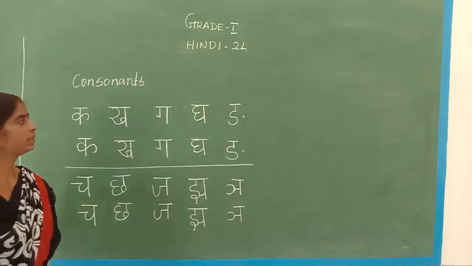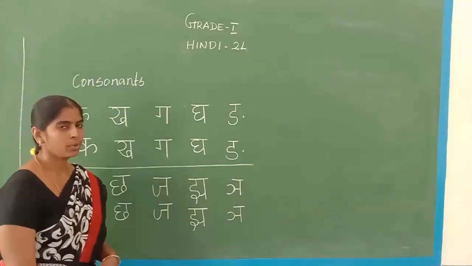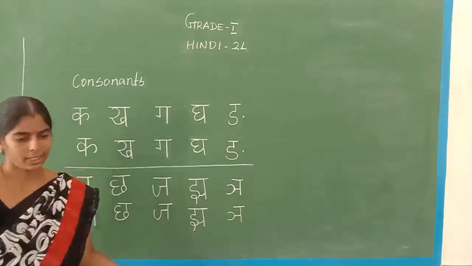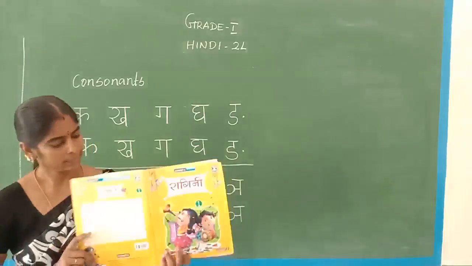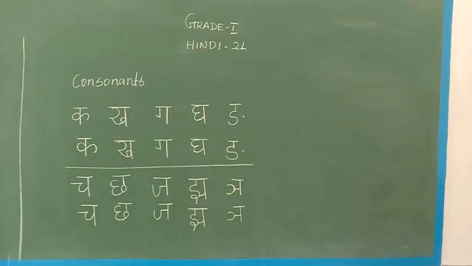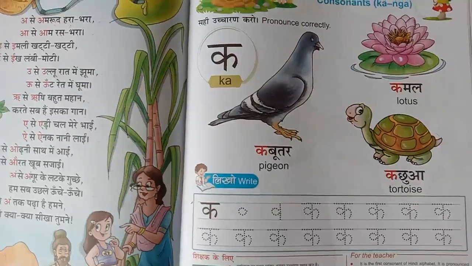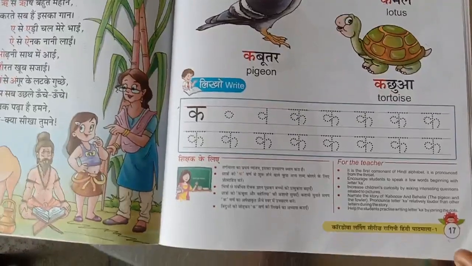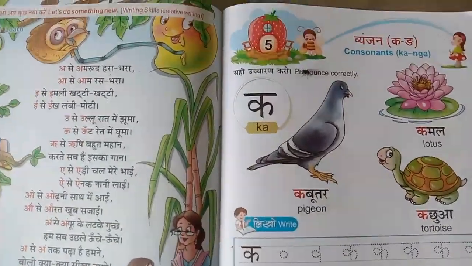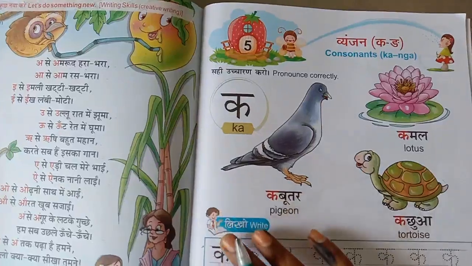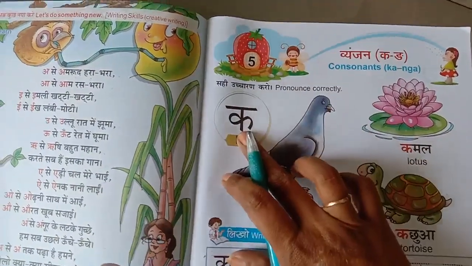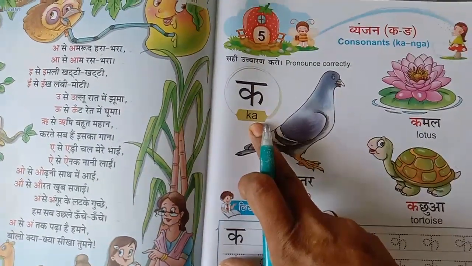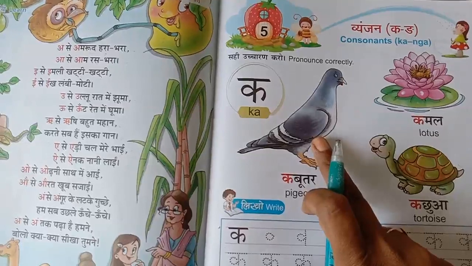Are you clear, children? Okay, now shall we see in our book these letters with the words? Right, children? Okay, take your book, page number 17. See the consonants with the words. Ka, ka se kabutar.